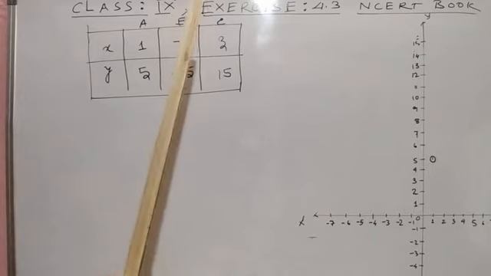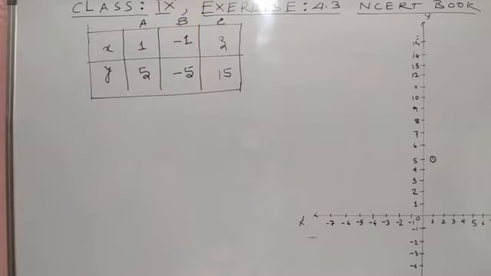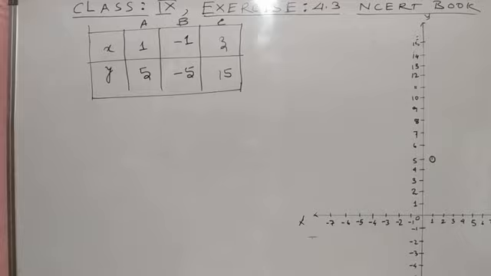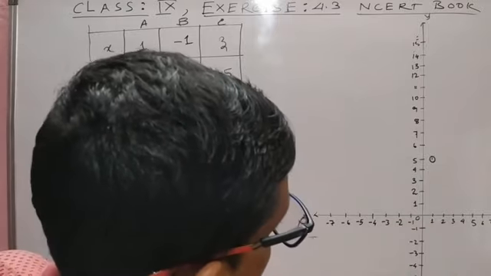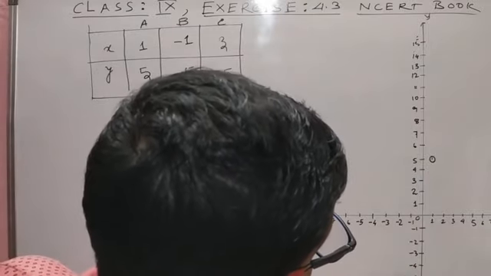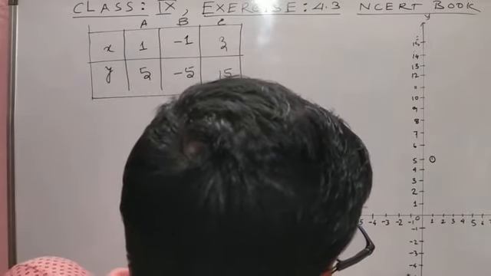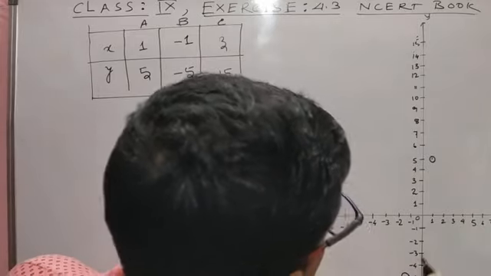Then when x equal to minus 1, the value of y will be minus 5. Definitely it will be here. This will be minus 5.